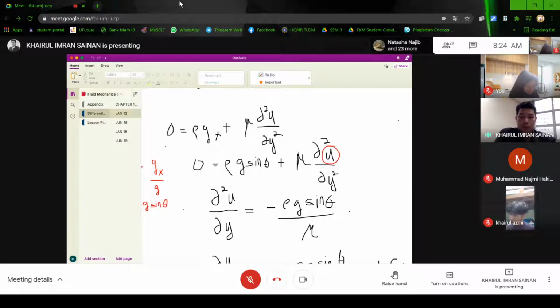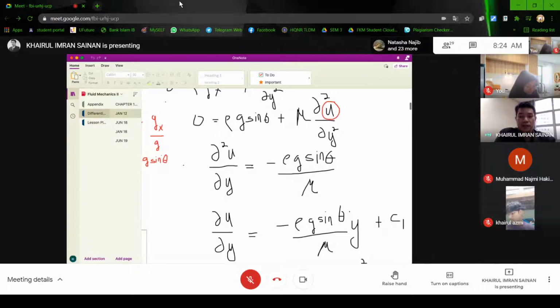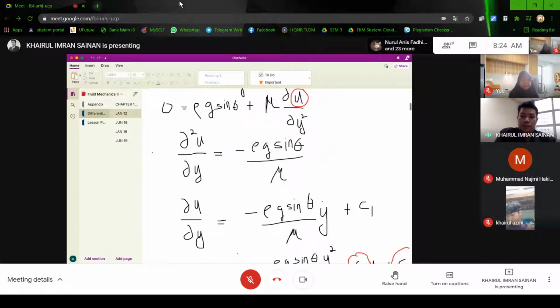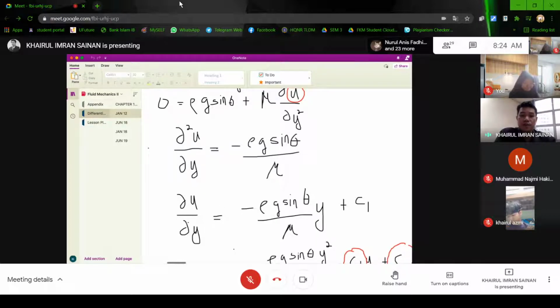So obviously what we need to do is integrate. So it becomes del u over del y equals negative rho g sine theta divided by mu multiplied with y, because we integrate with respect to y.